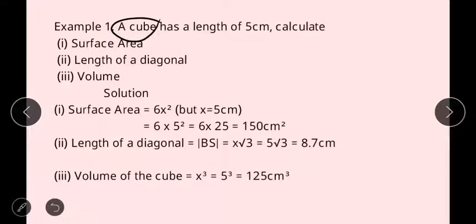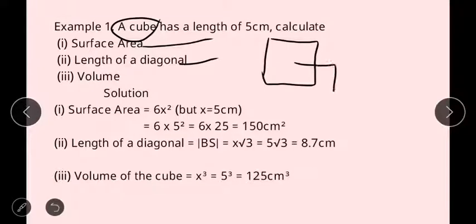So now, we are told to calculate the surface area of the cube, the length of a diagonal of the cube. What do we mean by length of a diagonal? You are given a cube as this. The length of a diagonal of a cube. Let us try to locate these edges. Let us try to name them.